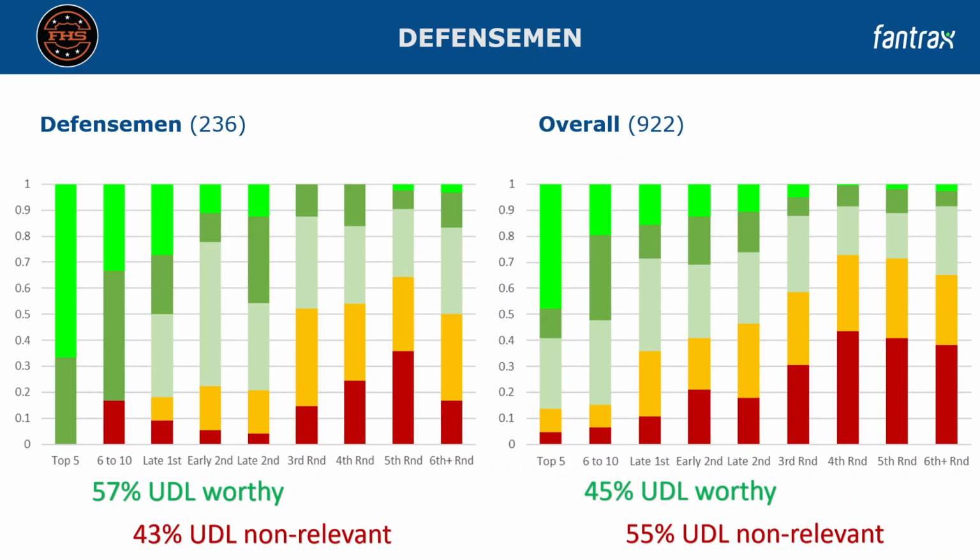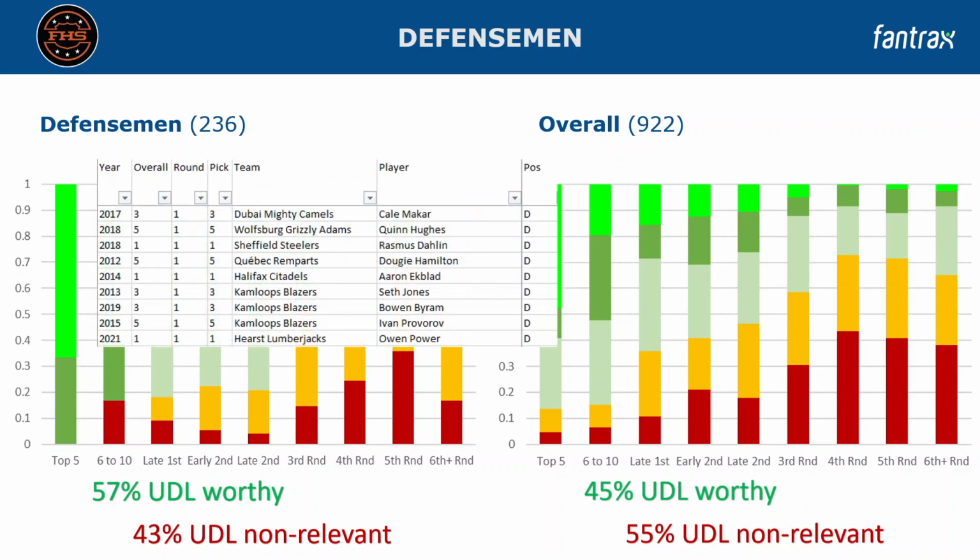And in the top five selections, there is not only not a single bust, but they are all good or star players. And these are the selections in the top five who were ranked. As you can see, quite an impressive group of defensemen. Maybe we shouldn't be so hesitant to draft defensemen early. It seems we are doing quite a good job at it.